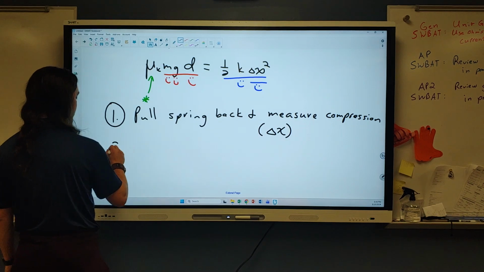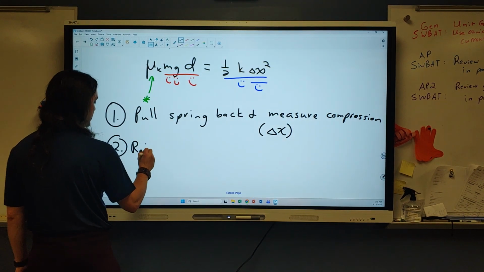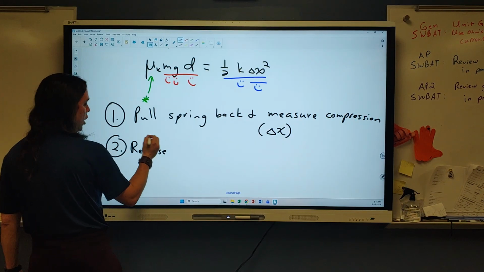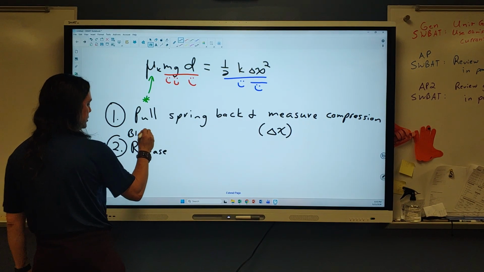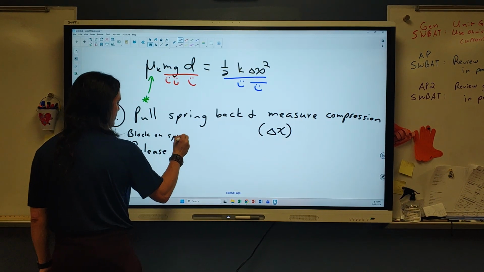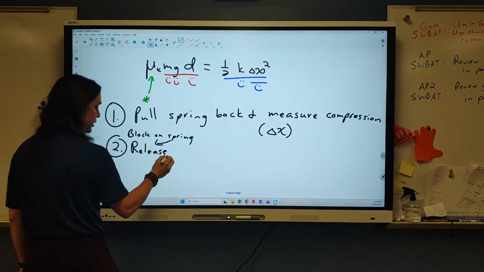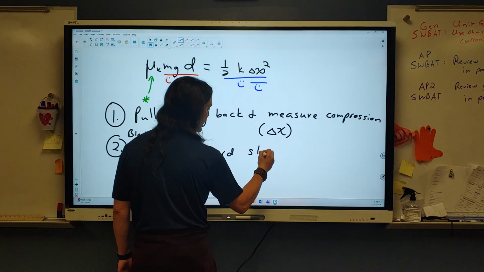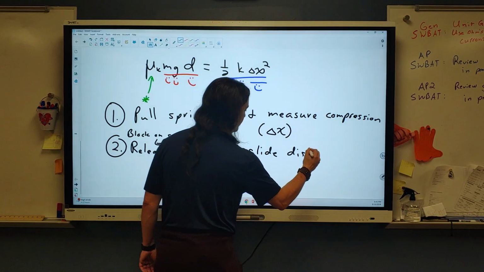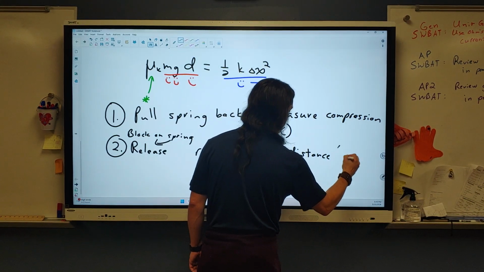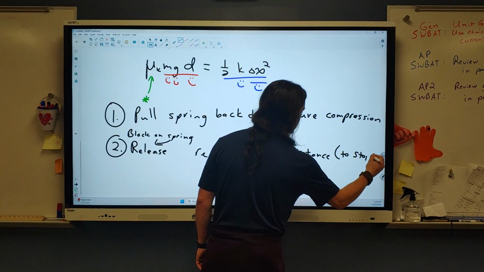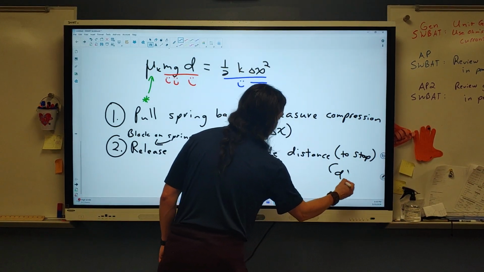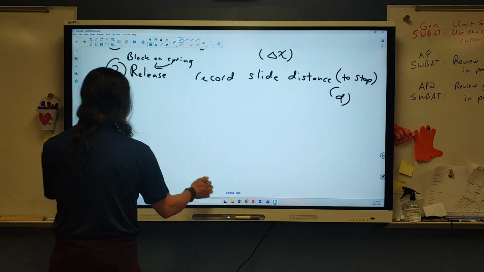Okay, let's see, step 2, release block, or place block on spring, then release and record slide distance to stop. The distance it goes sliding to a stop. I'm going to call this D. Now that I've defined those, I can use those.